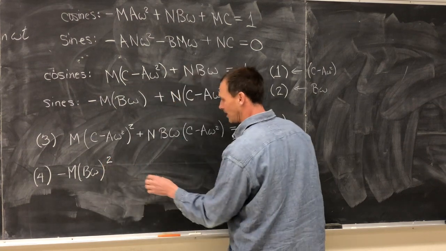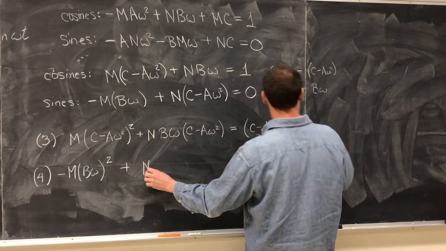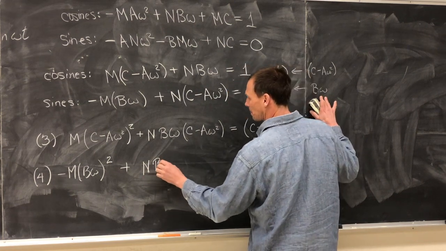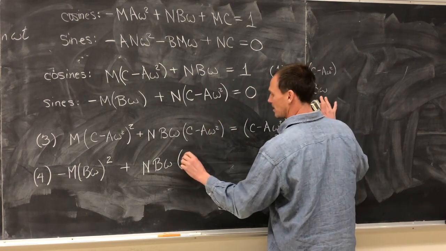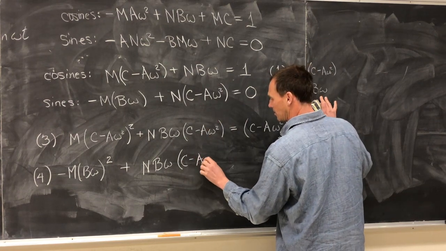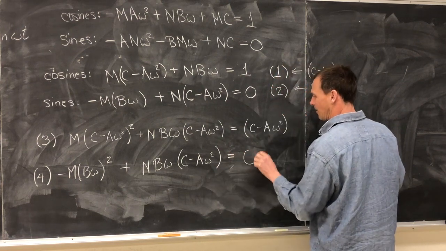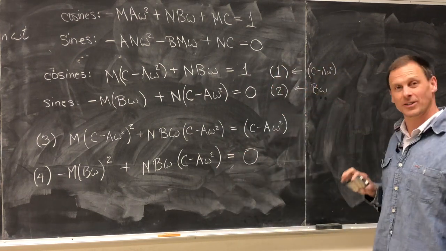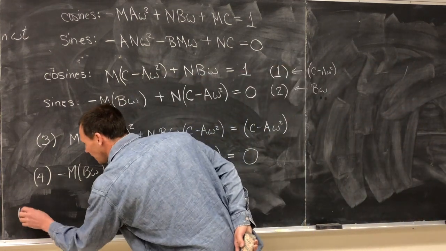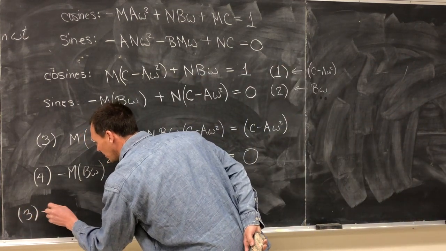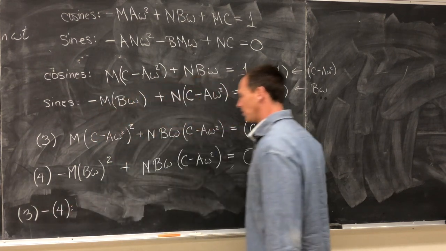Squared plus, then I'm going to have an n times b omega times c minus a omega squared. Oh, look at that. And that's just 0. Oh, this worked out nicely, because I'm going to take equation 3 and subtract from it equation 4, and we'll put our new result right here.